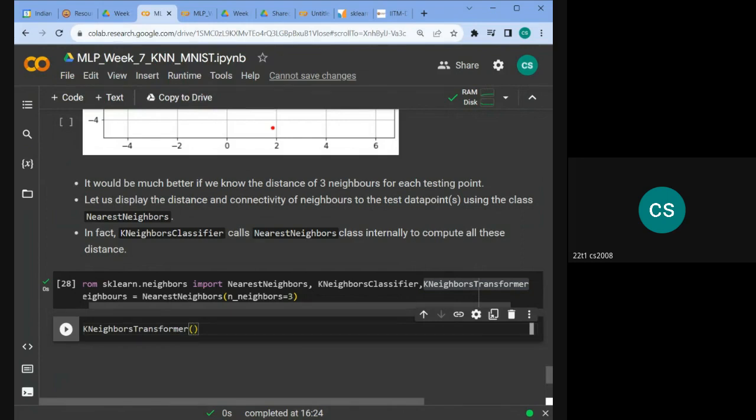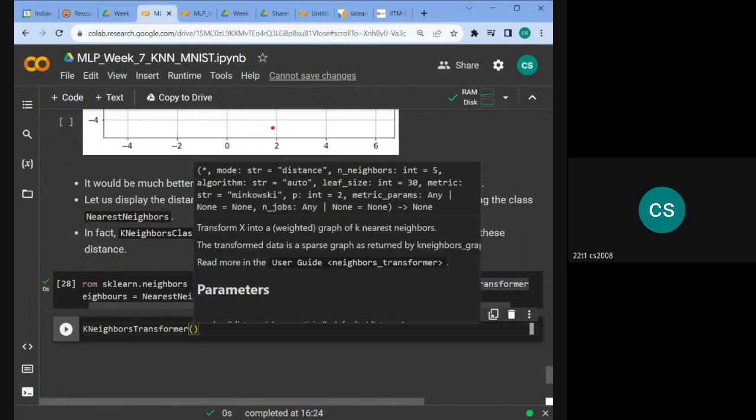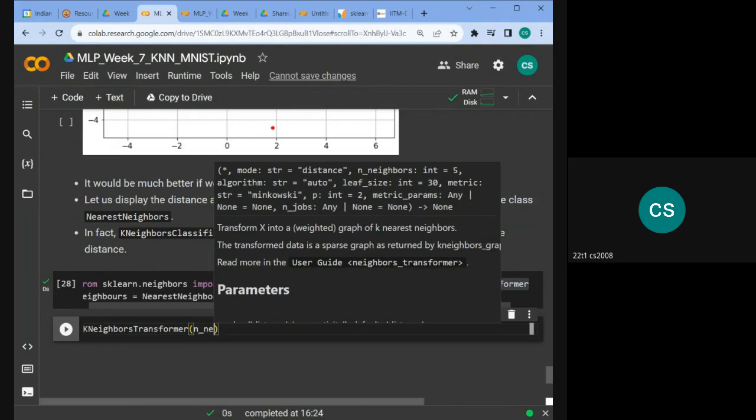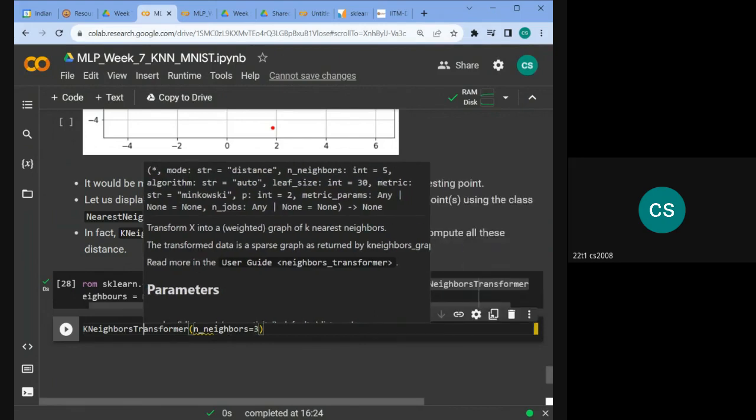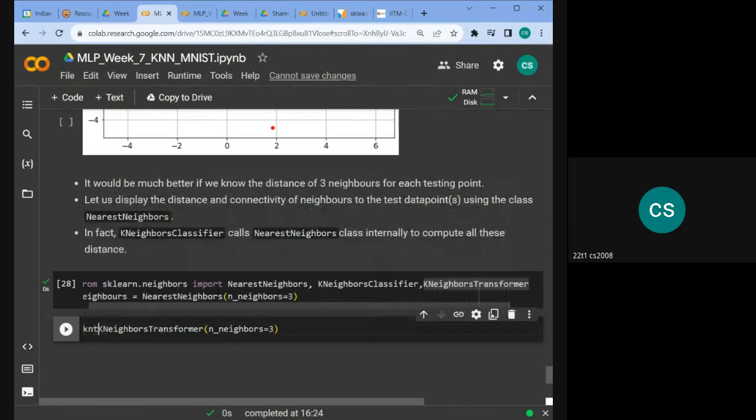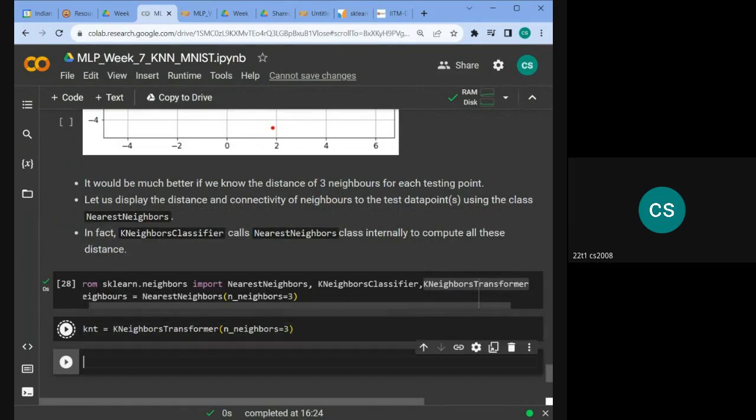Okay, I created this transformer and I'll put it in as T and I will put empty, not fit.